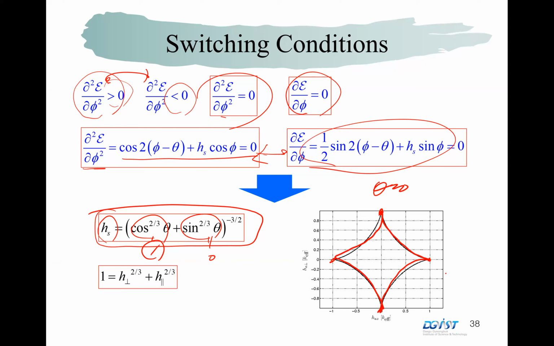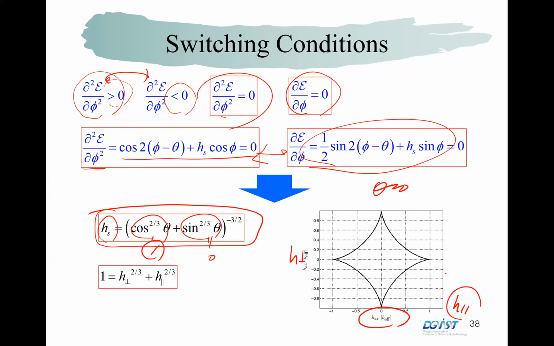This is called the asteroid. And what is the importance of this curve? This means if we apply a field at this angle, let's say H parallel and H perpendicular to the easy axis, then the switching field or the saturation field follows this curve.